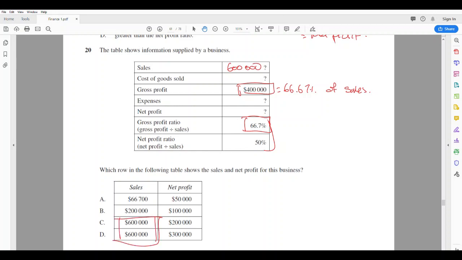We can just sub in the rest. COGS will be 200,000. Now we've got to figure out our net profit. If we know our gross profit is 400,000 of 600,000 in sales, our net profit is 50% of 600,000.